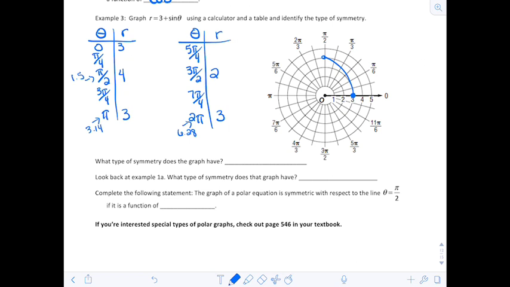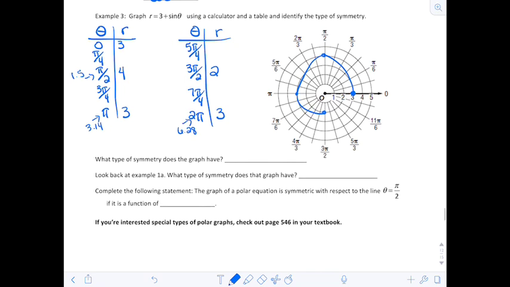As I go around with theta, at pi, I'm back at 3. At 3 pi over 2, I'm at 2. And at 2 pi, I am back at 3. So obviously, the more points that you graph, the more accurate your equation or your graph will be.